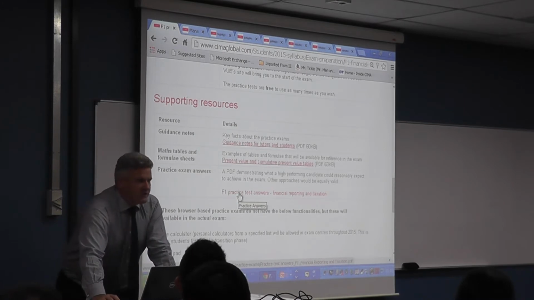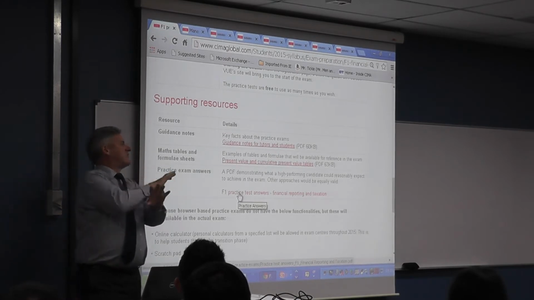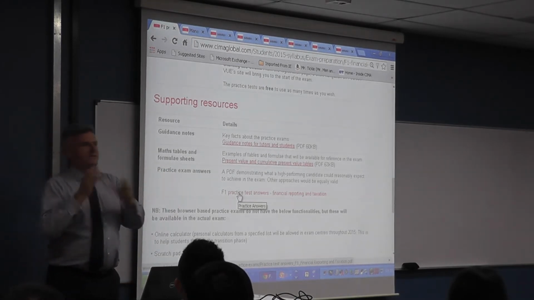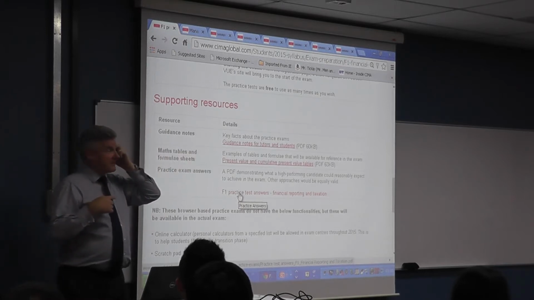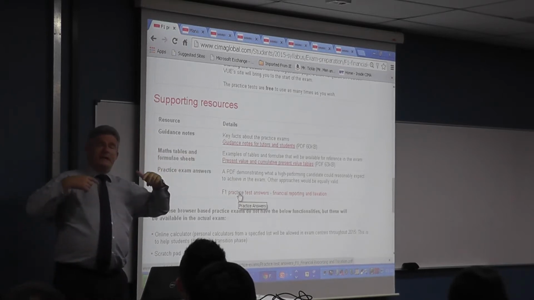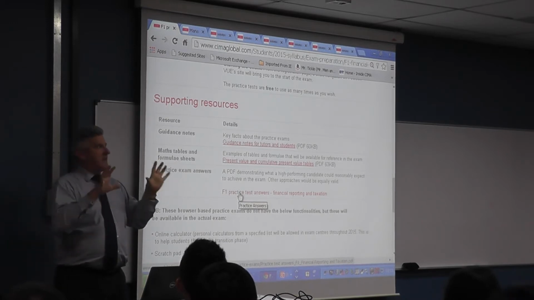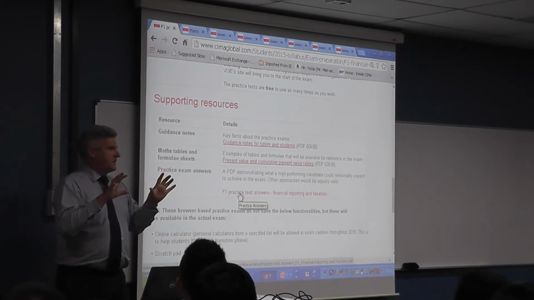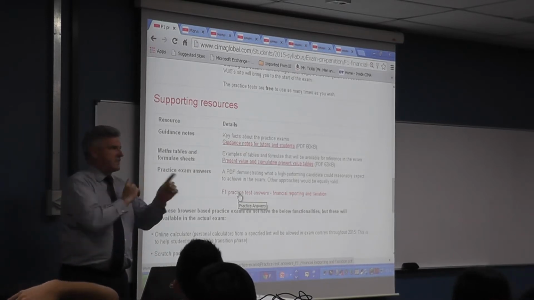Now, one of the features in the exam is that there's a shuffling function. So if two of you are sitting beside each other taking the same subject, you might have the same selection of questions, but they won't be in the same running order, right? They shuffle around.